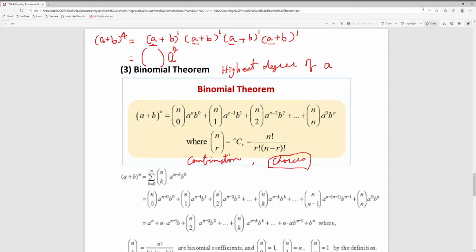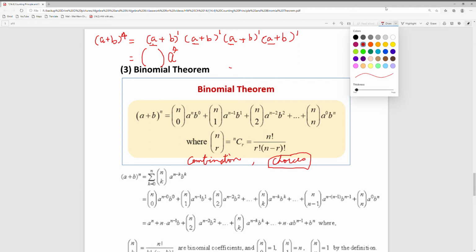Now, when you choose all the a's from each binomial, you choose a from the first one, a, a, a, which means you don't choose b, so it's 0, right? And we are thinking about how many choices there are here.